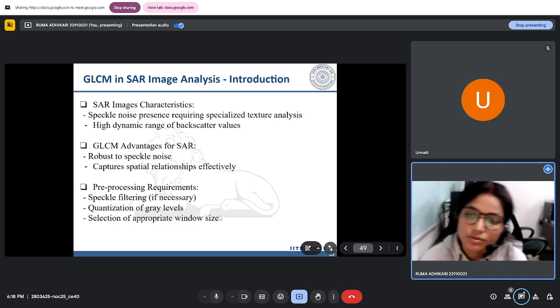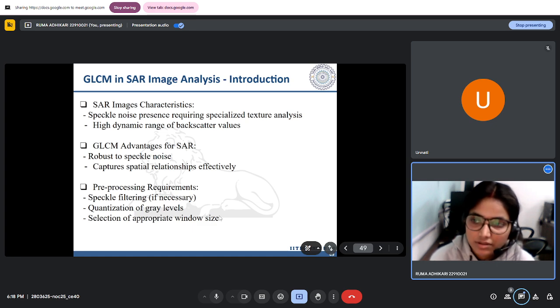An advantage is that the GLCM is robust to speckle noise and captures spatial relationships effectively. We are obviously working with spatial data, terrain and so on, and it considers the spatial relationship, the distance, the orientation.